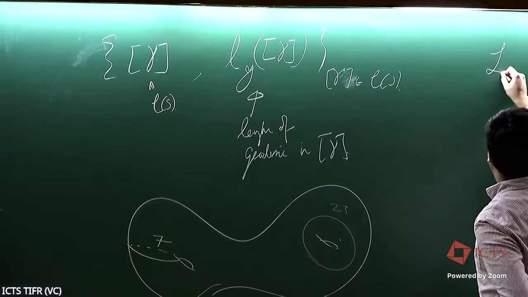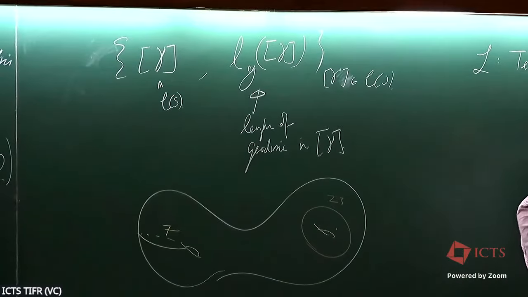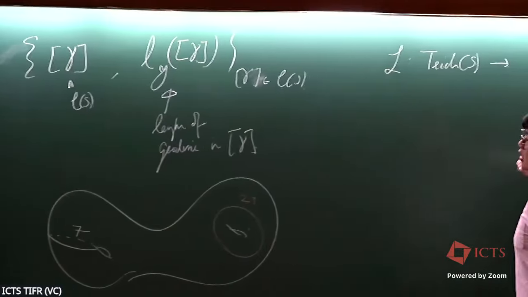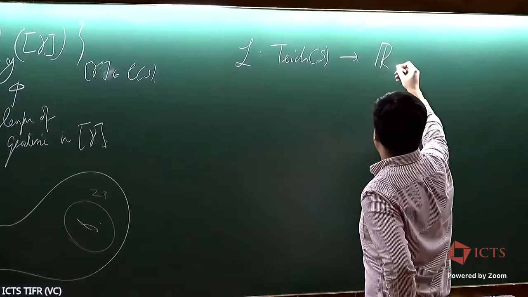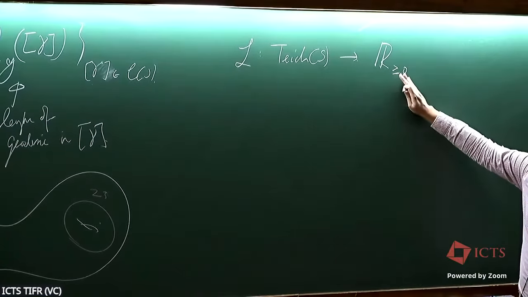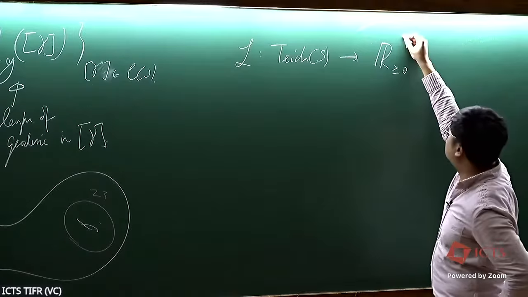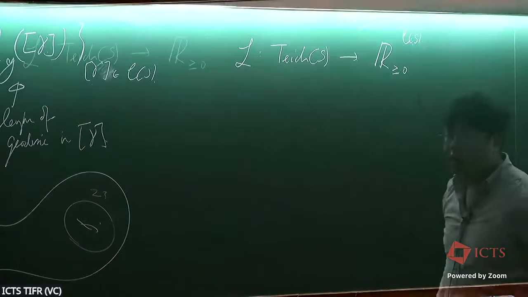If I define this map script L, which goes from Teichmüller space to this space of marked length spectrum space, which I could see is non-negative real numbers. Now you might say, okay, why don't I use positive numbers? But we'll see why very shortly. And of course, it's indexed by the isotopy classes of closed curves.